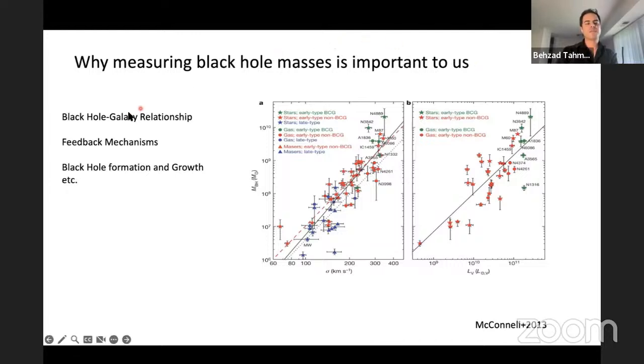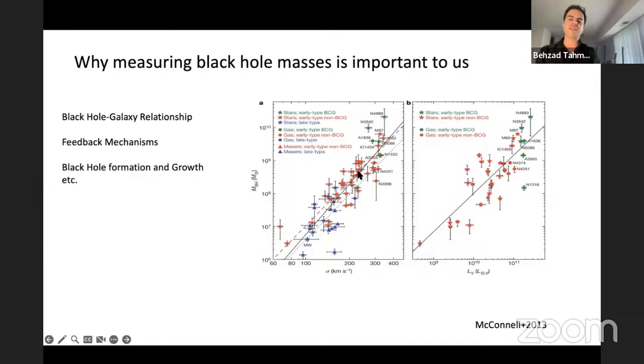First is the black hole and galaxy host properties relation. For example, there are a bunch of scaling relations, for example, between the mass of the black hole and the velocity, especially in the center of the galaxy, or the mass of the black hole and the mass of the bulge, or the luminosity.